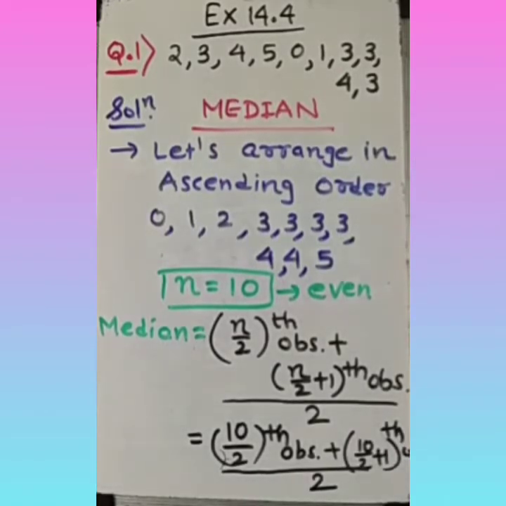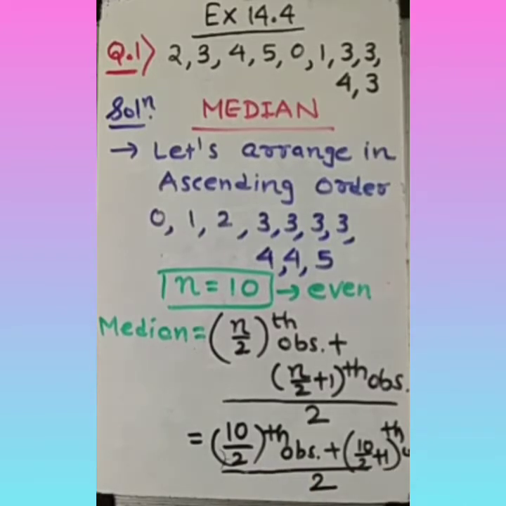So of course you know dear, 10 by 2 is the 5th observation, and 5 plus 1 is the sixth observation. Always remember that whatever the observation will be here with us, immediately after that the next observation we need to mention for an even number. So here according to this question we have to work out on the fifth number plus the sixth number divided by 2.